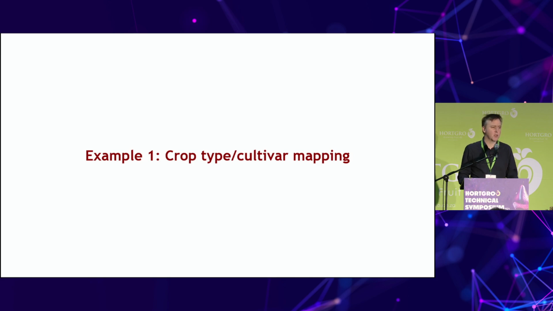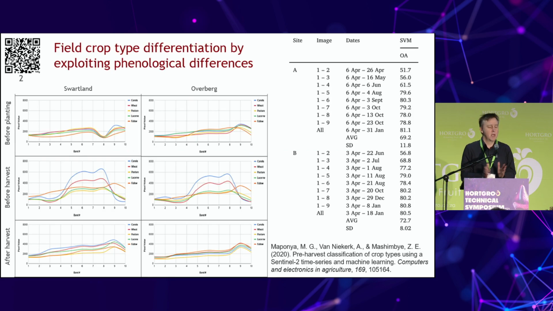So the first set of examples, I'm going to start broad and then narrow to this field. The first example where we employed machine learning was to differentiate crop types at regional scale. Our two study areas were Swartland and Overberg, and the crop types, in this case, it's very small, but it's canola and your annual crops.